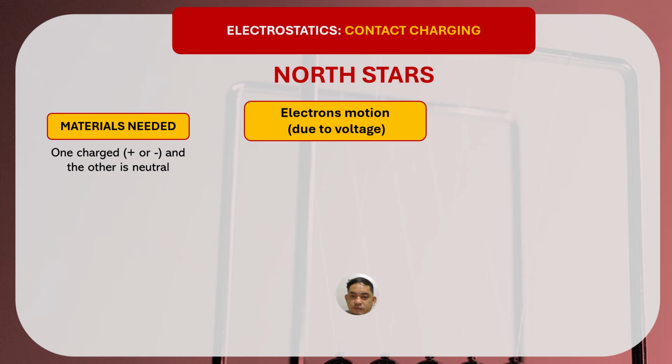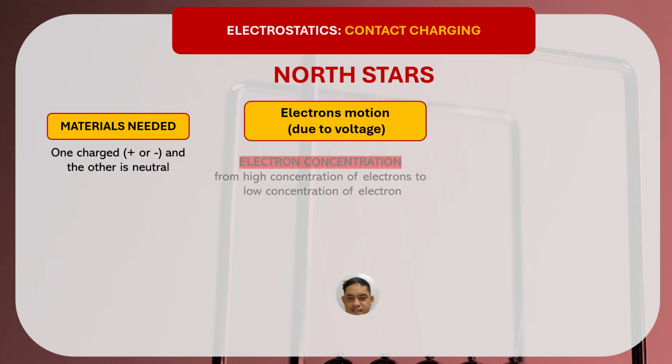Now, the motion of electrons is due to the electrical potential difference, or voltage, that pushes electrons. It depends upon your basis. In terms of electron concentration, the electrons will move from high concentration to low concentration.